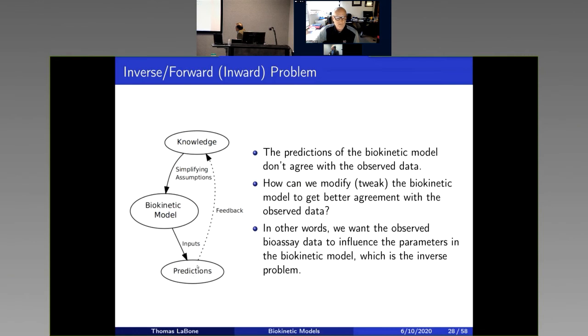And so what we're asking for is feedback along this line, which isn't normally done. It's difficult to do. And so for our particular case, we want feedback to modify the model.